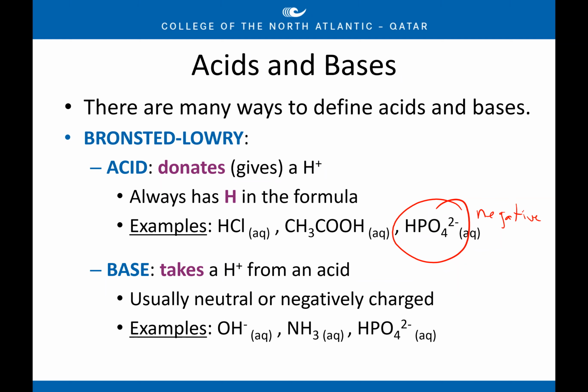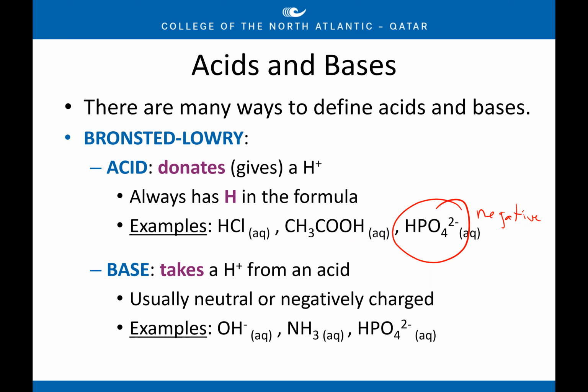A base is a chemical that takes or attracts that hydrogen ion from the acid. It's like this perfect relationship. You can think of the law of conservation of mass or the law of conservation of energy, but the idea is an acid needs a base.